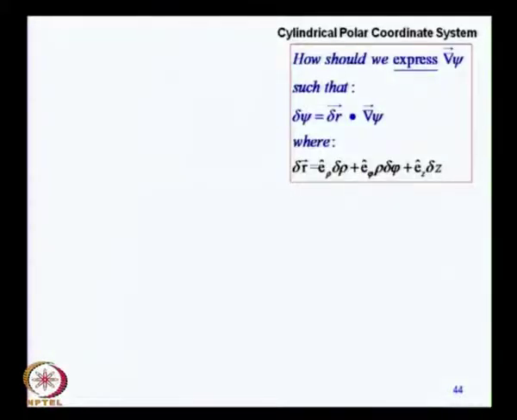And in cylindrical polar coordinates, let us try to get this first. The first thing we do is retain our faith that this expression delta r dot del psi must have the same value in any coordinate system. Admit the fact that delta r itself will have a different expression in cylindrical polar coordinates, and we know what it is: E rho delta rho plus E phi rho delta phi plus E z delta z, we just did it.